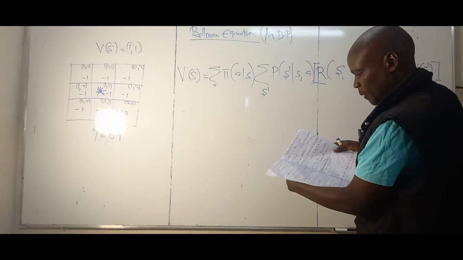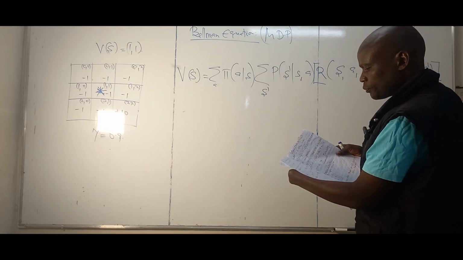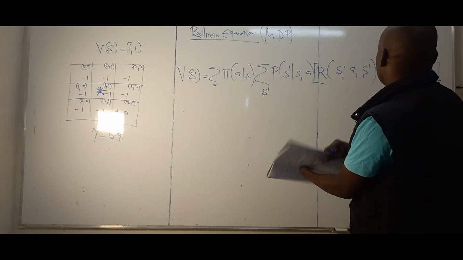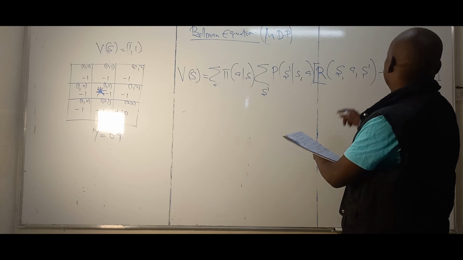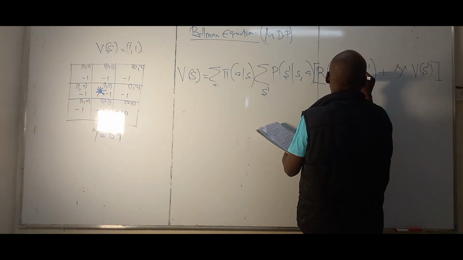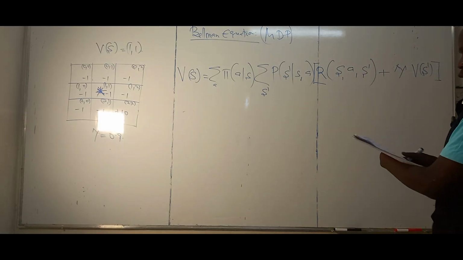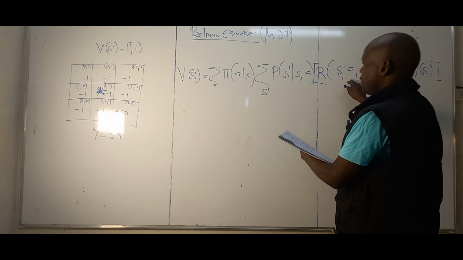But now let's see what this particular part is. This is R. I think I should write it clearly so that it's clear. Yeah, that is R. So it means reward.